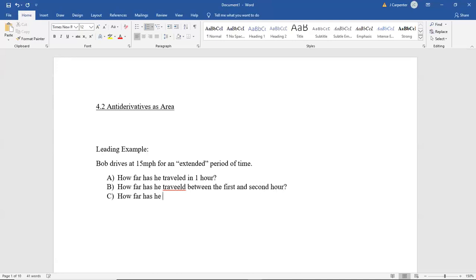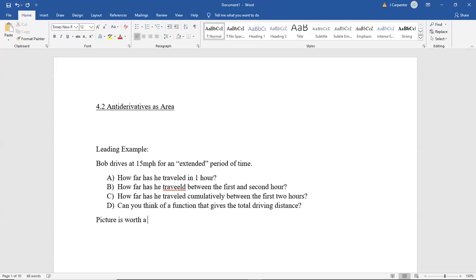How far has he traveled cumulatively between the first 2 hours? And can you think of a function that gives the total driving distance? Picture's worth 1,000 words.